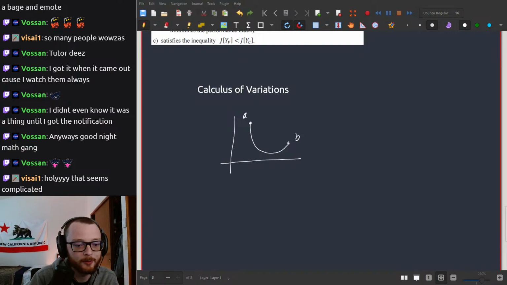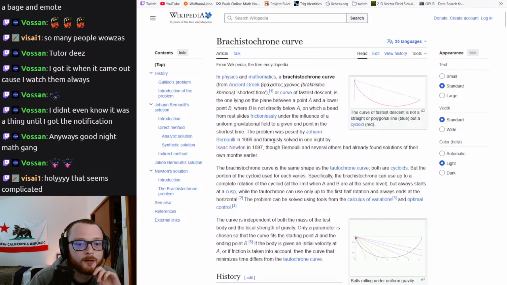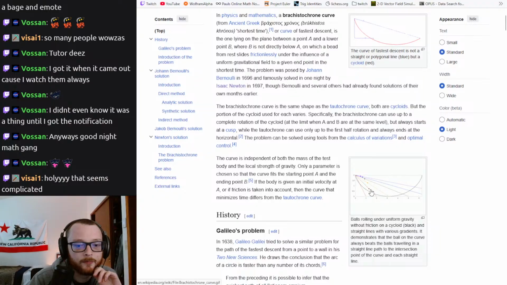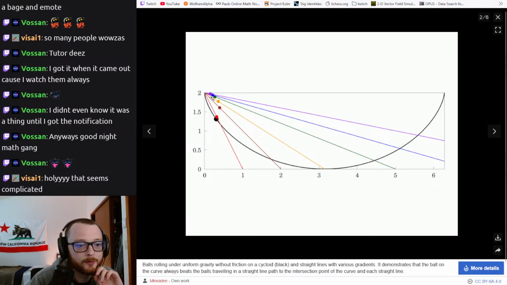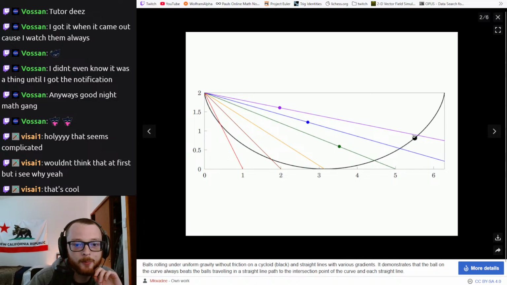Actually, let's just Google it, because I think the Wikipedia page for it has a nice little graphic. Here, I assume this black path is the optimal one, so this black ball will get to the end first.